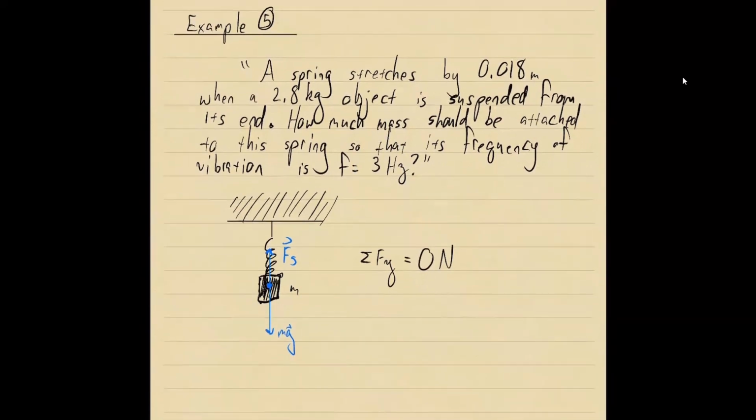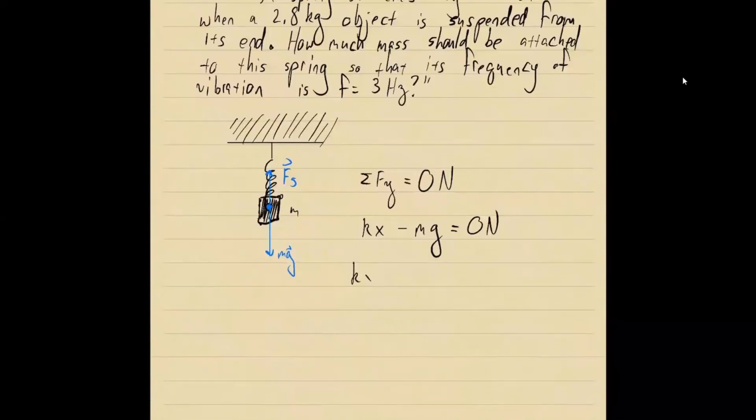So the sum of forces: we have the magnitude of the spring force pointing up, the magnitude of the weight pointing down, equal to 0. So we have kx is equal to mg, or I should maybe say ky.